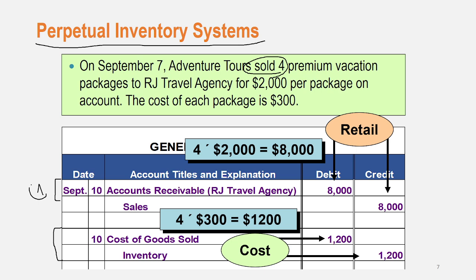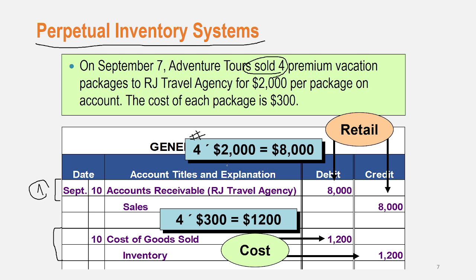For level 1, to record the revenue from the sales, two accounts are accounts receivable and sales. So 4 is the number of premium vacation packages, and $2,000 is the price per vacation package, or per unit. So 4 multiplied by 2,000 equals 8,000.